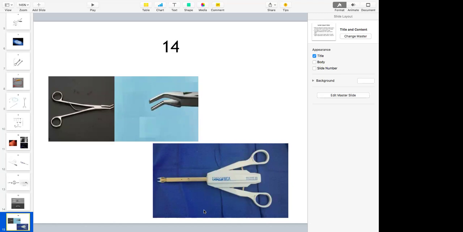Mention one operation where you have seen this being used, where you are using it not for hemostasis. Uncinate process resection.